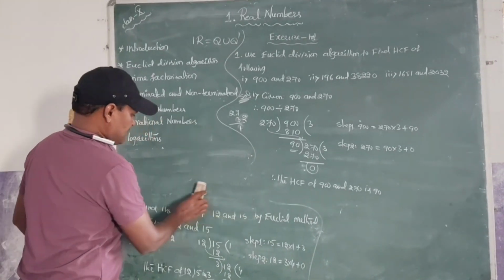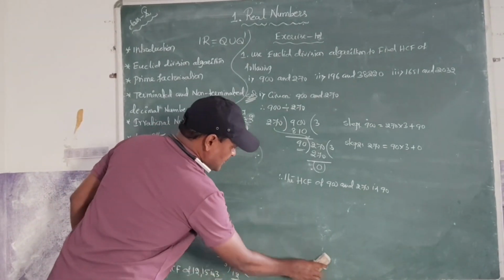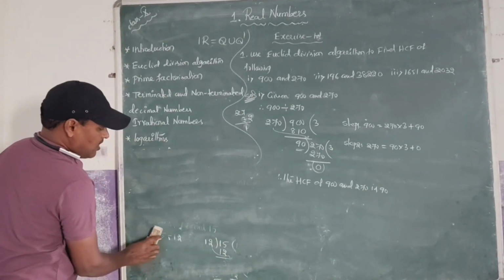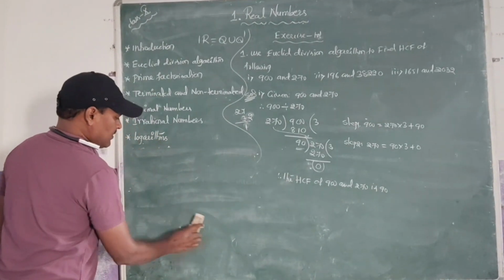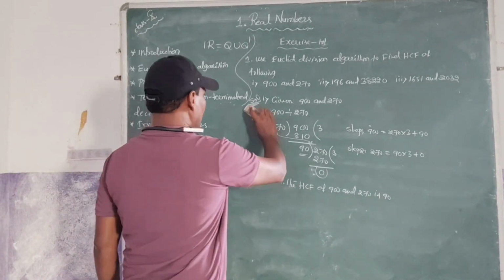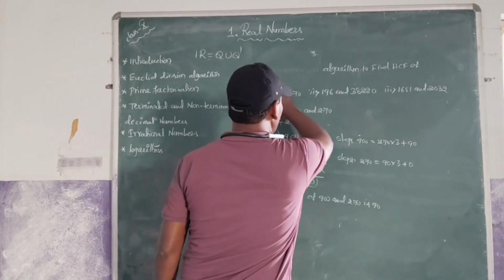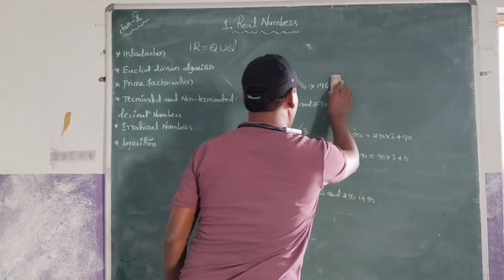Remember the condition 0 less than or equal to R less than B. The condition is used in the second, third, fourth problems. 6 marks, very, very important questions.